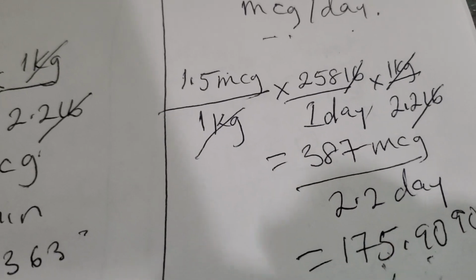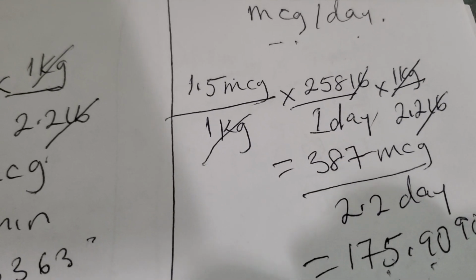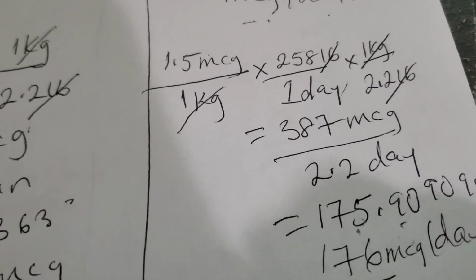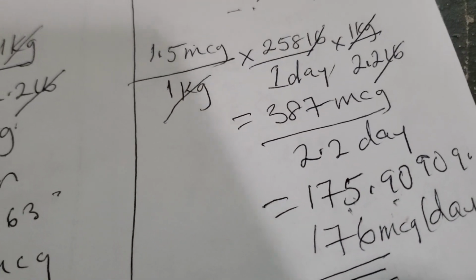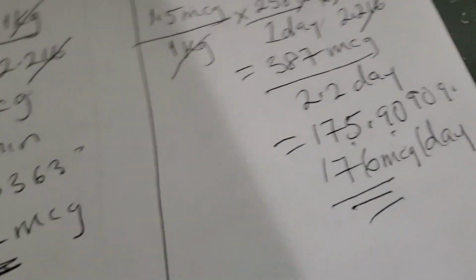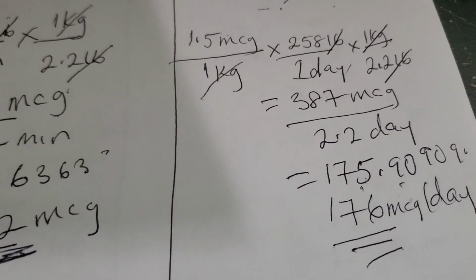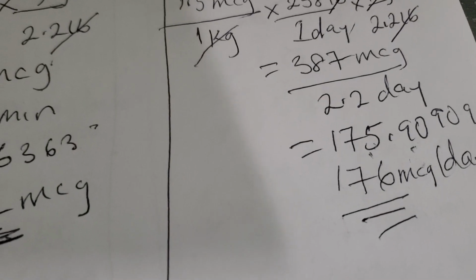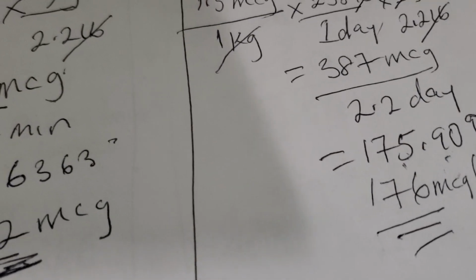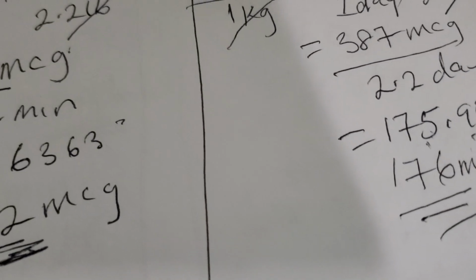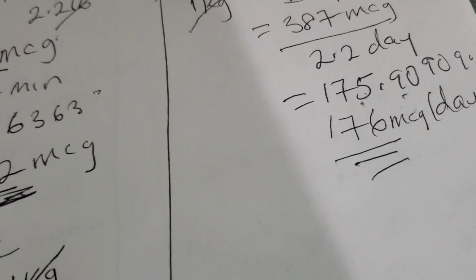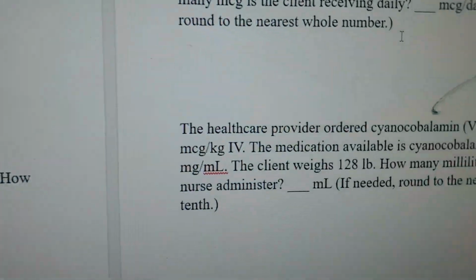So we will get 176 microgram per day. This is our answer. Did you get that right? I hope you did. Always pause it, try it out yourself, and see if our answers match. Okay. All right. The next question.